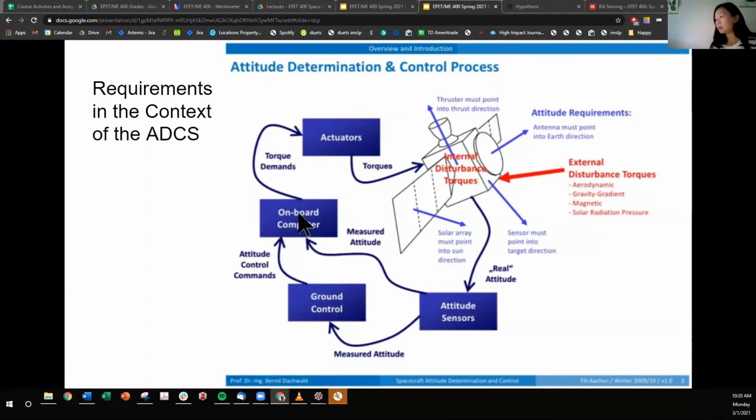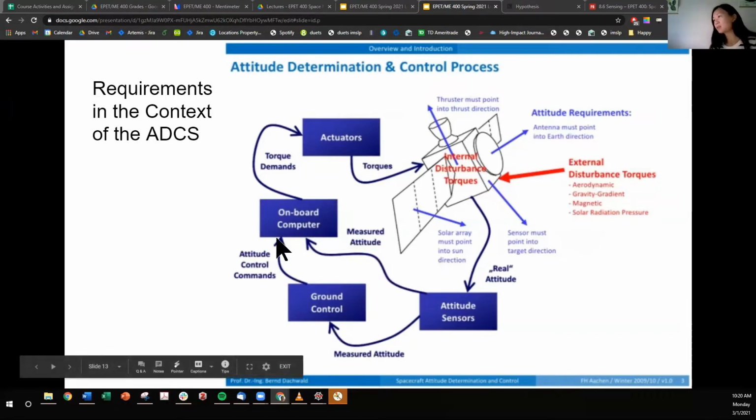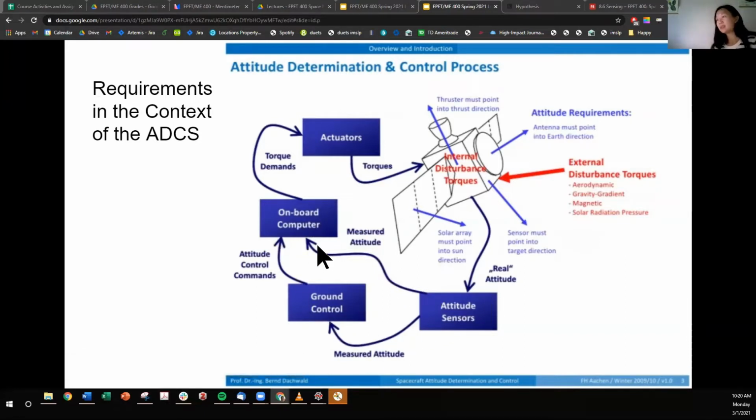So this path short circuits the job to have the spacecraft be more intelligent. This path towards ground control is less intelligent, like teleoperated controls. Anyway, then the torque commands are sent to actuators, and actuators impart torques onto the spacecraft.